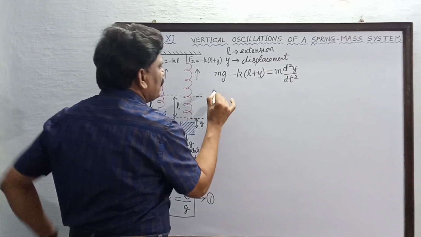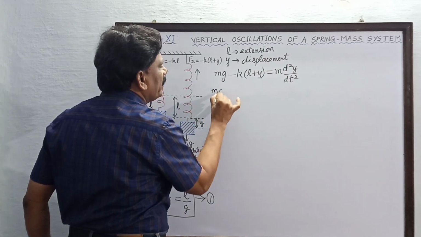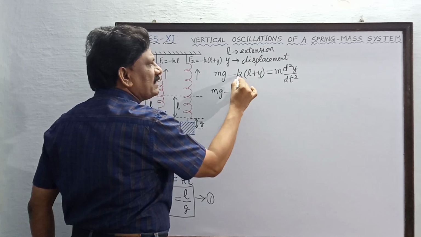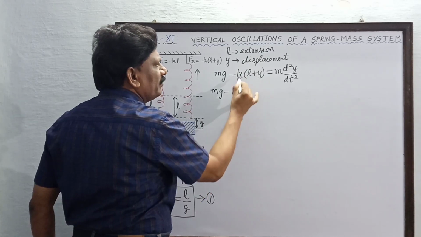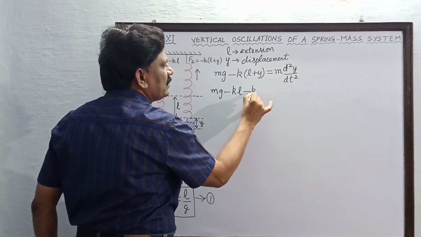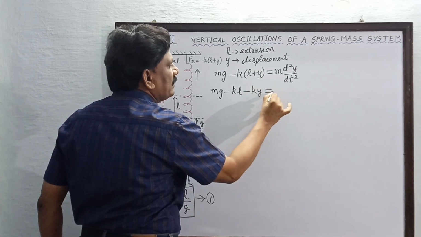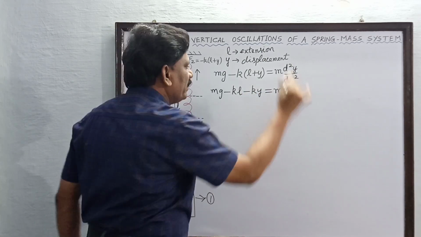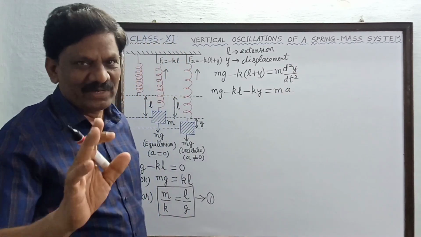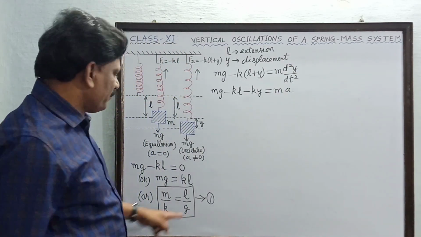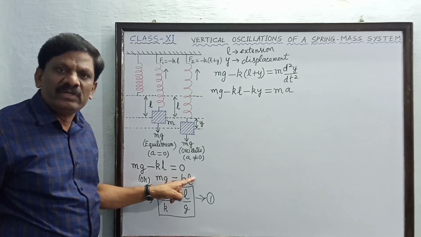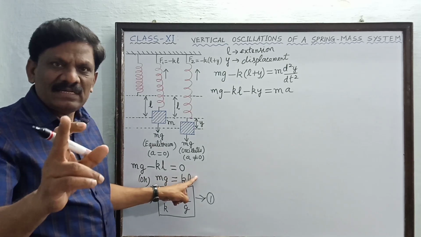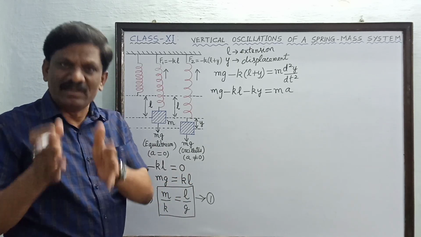Now I will expand this. First term is mg, minus second term is k into L, so this is minus kL. And the third term is minus k into y, so this is minus ky. And that is equal to m into a. Okay, children, now from the previous step, mg is also equal to kL, in magnitude.